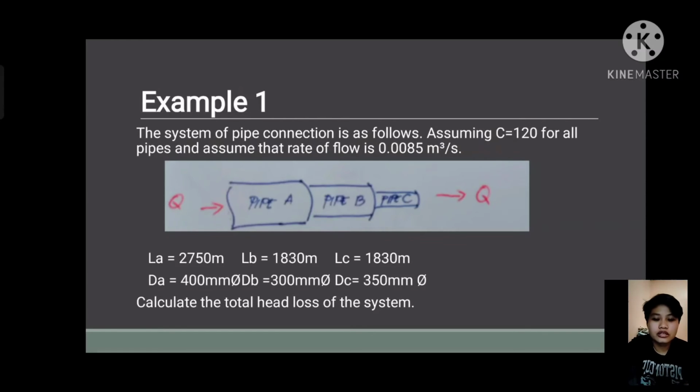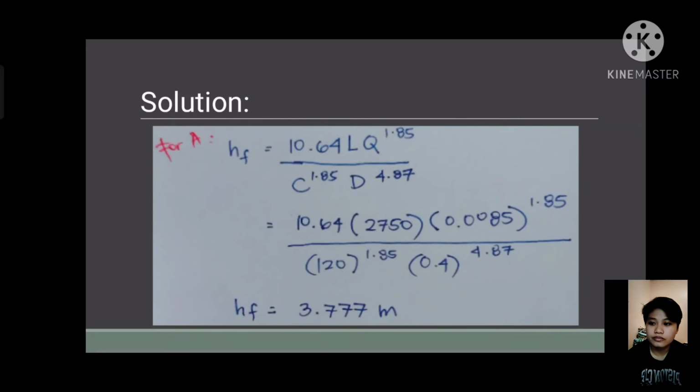So C is given, or the Hazen-Williams coefficient. So we're gonna use the Hazen-Williams formula. Computing the head loss due to friction is equal to 10.64 L Q raised to 1.85 over C raised to 1.85 D raised to 4.87.